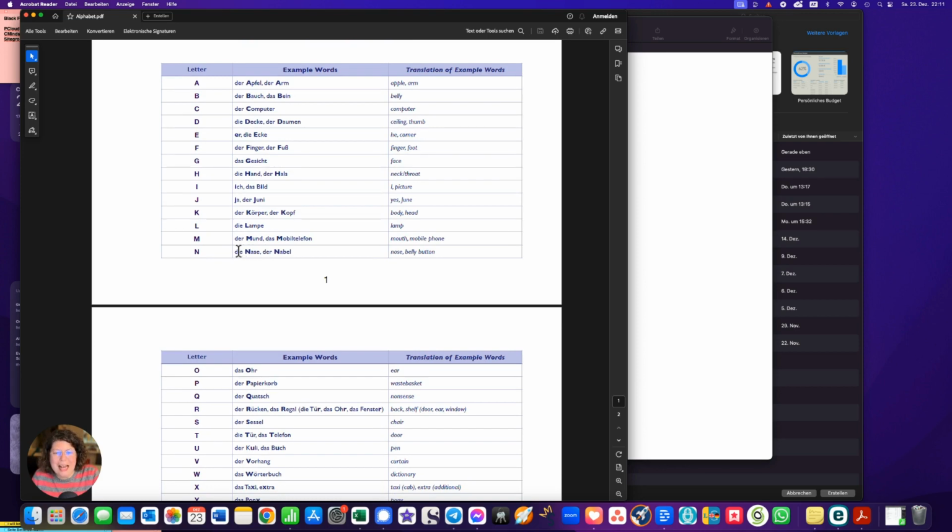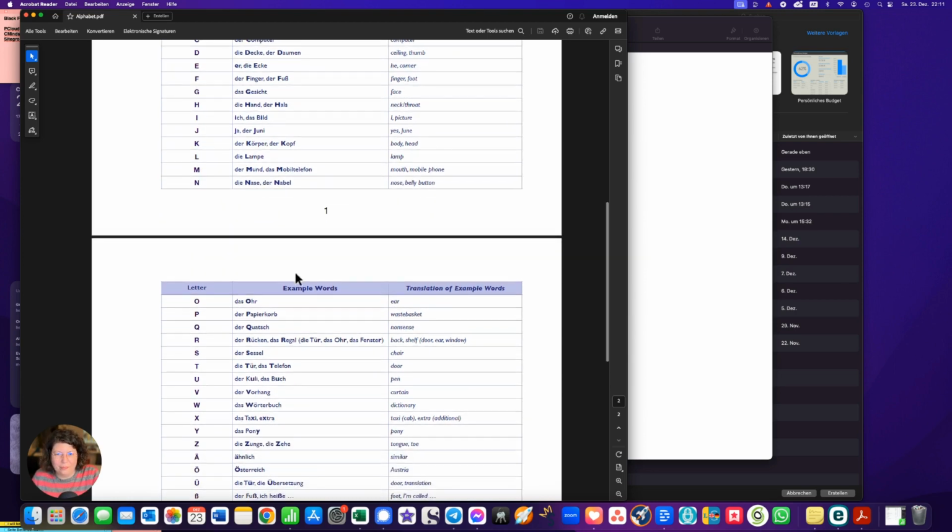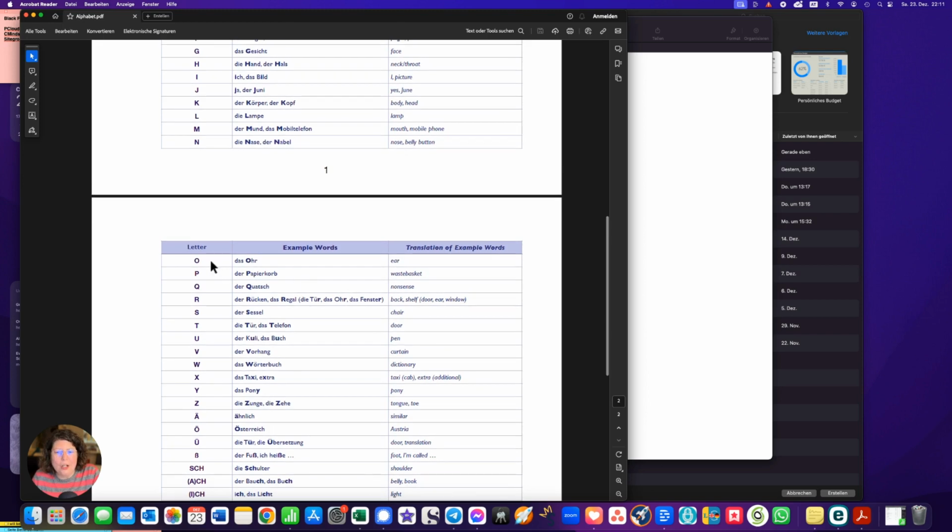So die Nase is the nose und der Nabel is the belly button. Letter O, like das Ohr, that's the ear. P, der Papierkorb, which is a wastebasket.